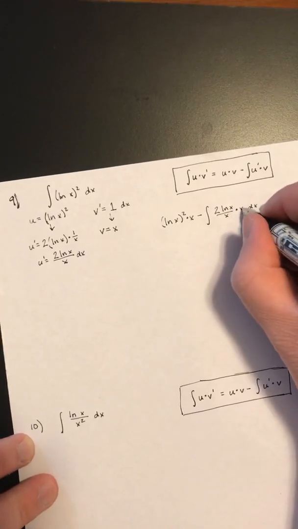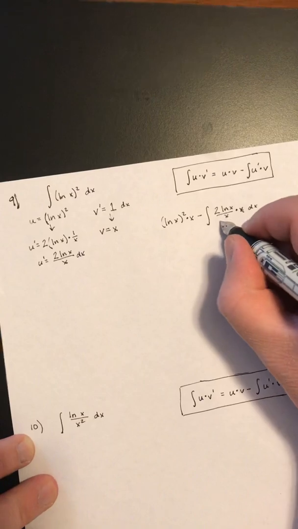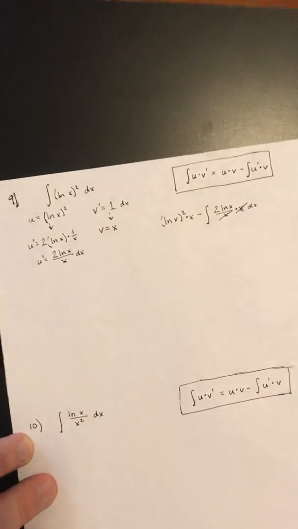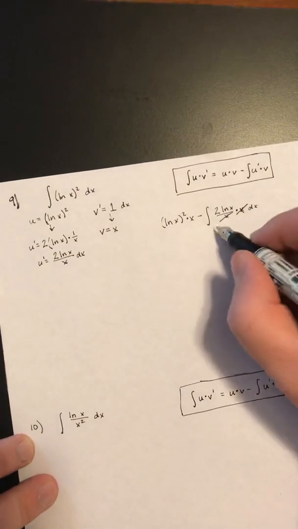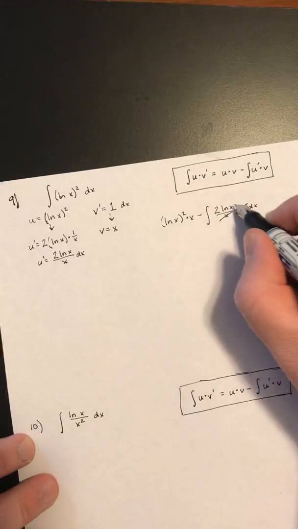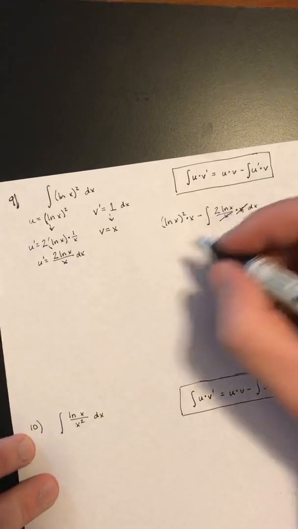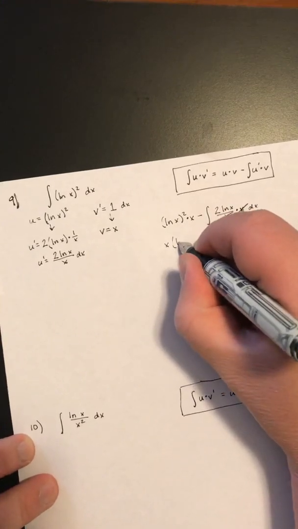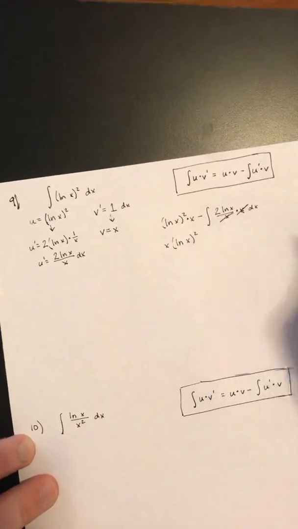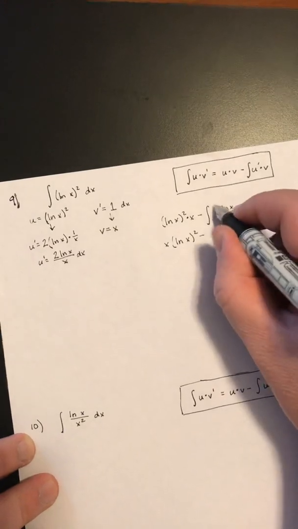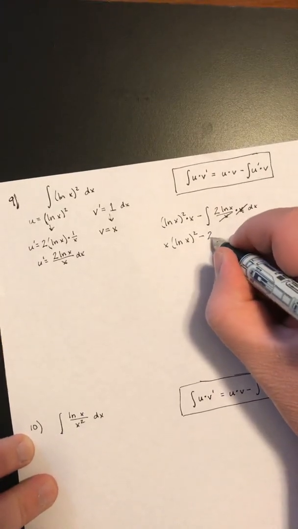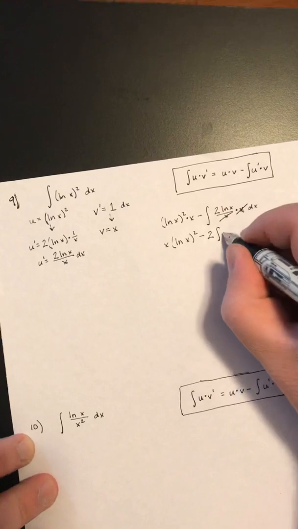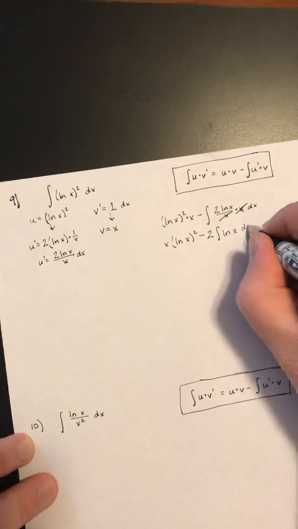Now, like I said, notice this is going to work out nicely. So this x on the bottom and this x on the side, they're just going to cancel out. They're going to disappear and make it so it's 2 times the natural logarithm of x. So I've got out front x times ln of x squared minus, and I'll move that 2 outside of the integral, times 2 times the ln of x dx.